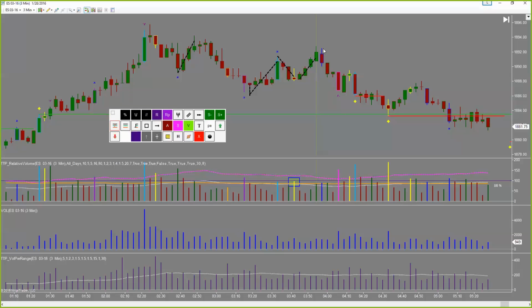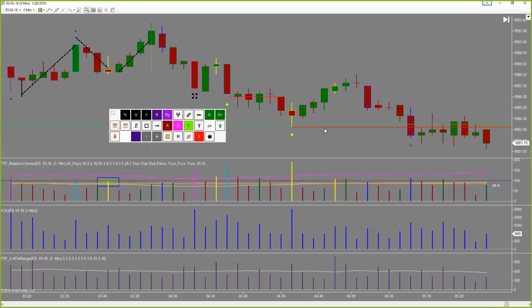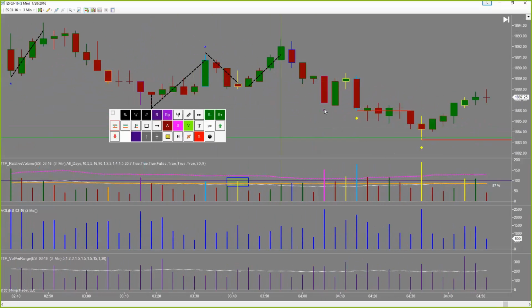Okay, then as we start coming down, we get a major spike in relative volume right here, which is that little triangle, which is also a selling climax churn bar. So it's both a climax and a churn. Climax meaning that you have a lot of volume rushing in and it's a wide-ranging bar.